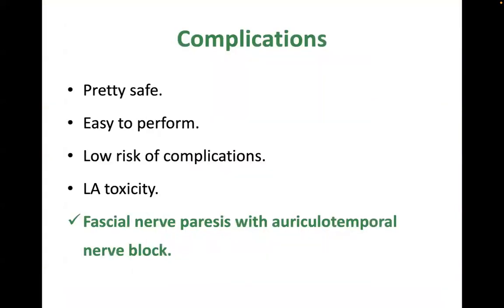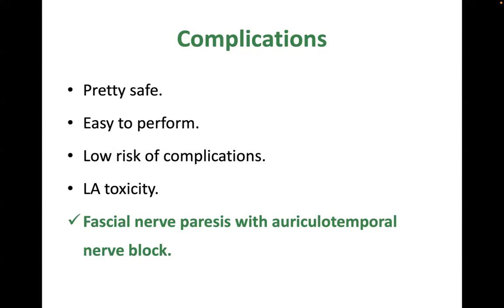As I've told you, the technique is pretty safe and easy to perform. It has a very low risk of complications, and one anticipated complication we all need to keep in mind is local anesthetic toxicity. The other commonly associated complication is facial nerve paralysis associated with the auriculotemporal nerve block. For prevention of facial nerve paralysis, your injection to the auriculotemporal nerve has to be above the tragus, and the volume of local anesthetic should be less than 3 ml.